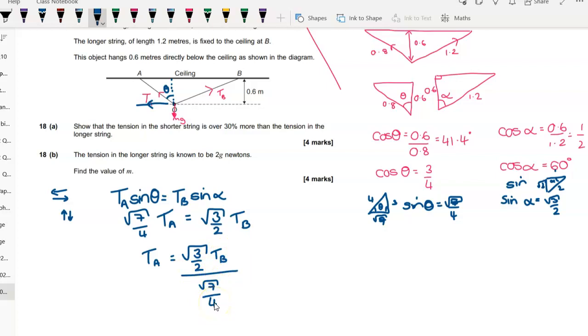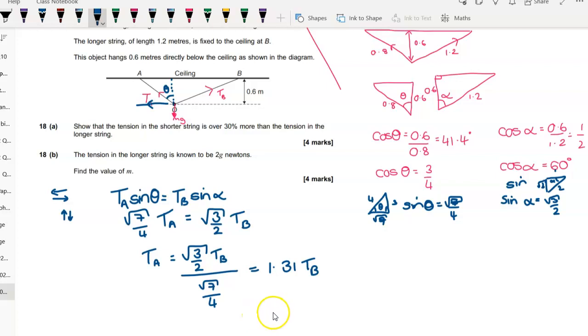So if on your calculator you do root 3 over 2 divided by root 7 over 4, you get 1.31 basically TB when we round it.